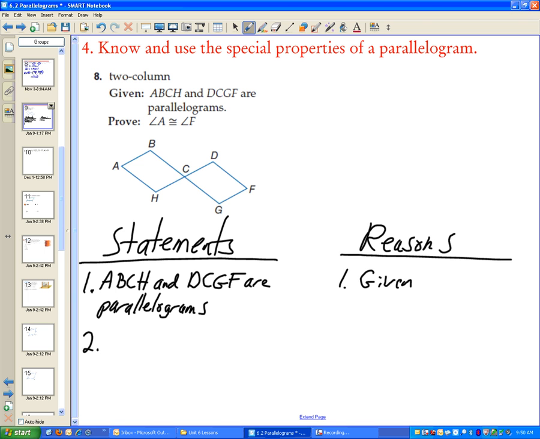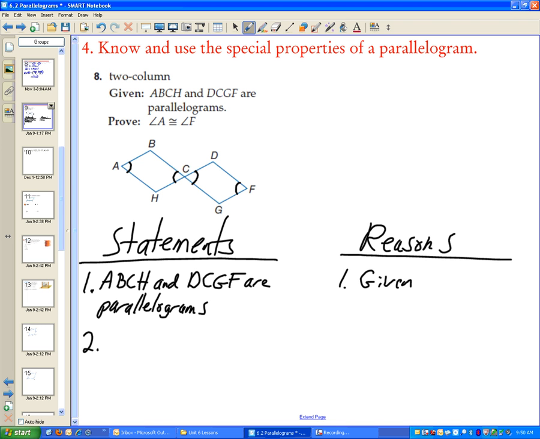We know that in a parallelogram, opposite angles are congruent. So don't we know that angle A is congruent to angle C? And we've known for a long, long time that vertical angles are congruent. So the angle C on the left and then the angle C in the other parallelogram are congruent to each other. And then can't we use the same thing we just started with, that the opposite angles in a parallelogram are congruent? So that angle C has to be congruent with that angle F. So is angle A congruent to angle F?